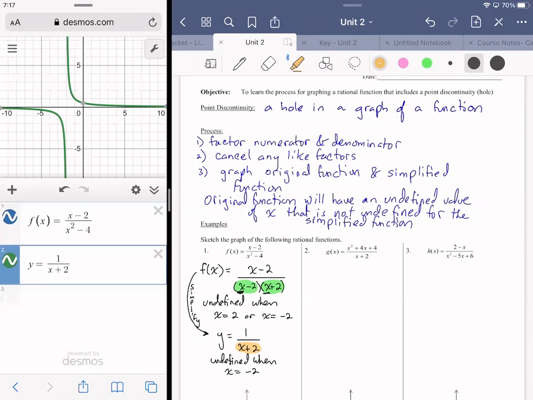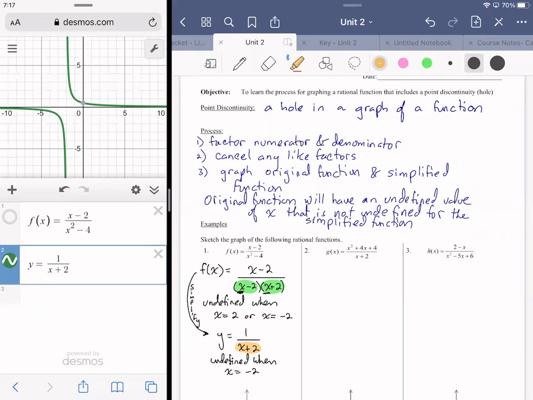Now you see, if I turn them on and off one at a time, they both look essentially the same. But only one of them is undefined when x is equal to 2. They're both undefined when x is equal to -2, so we're good to go there.